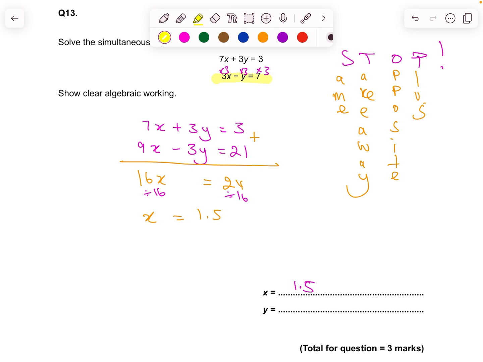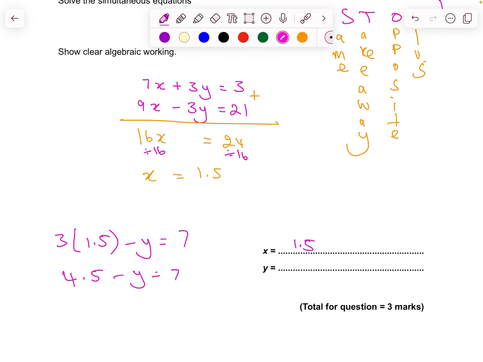So I'm going to go into here. I'm going to do 3 times 1.5, take away y equals 7. And so 3 times 1.5 is 4.5, take away y equals 7.